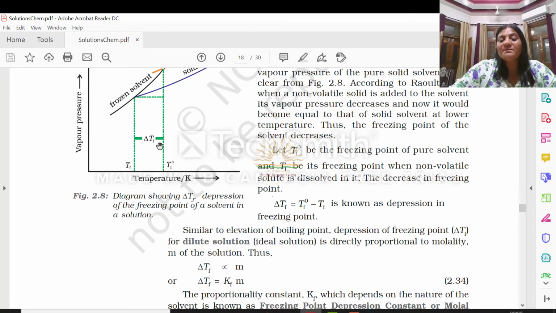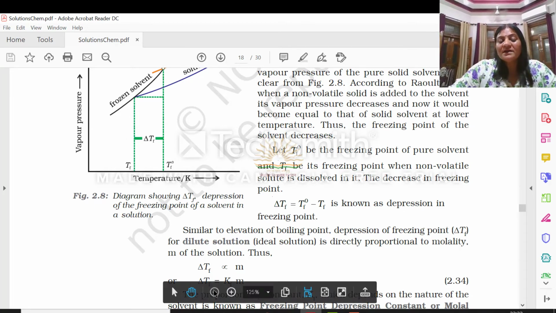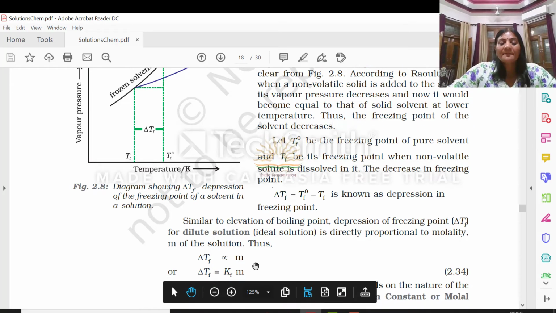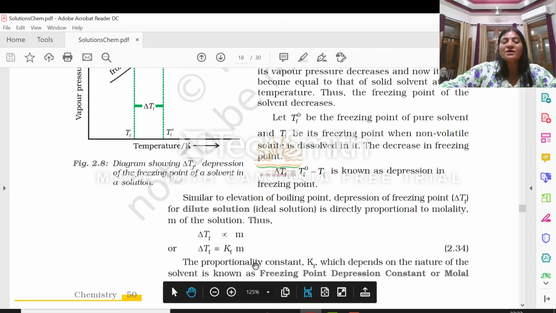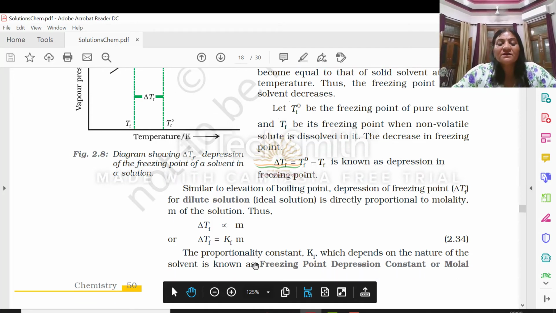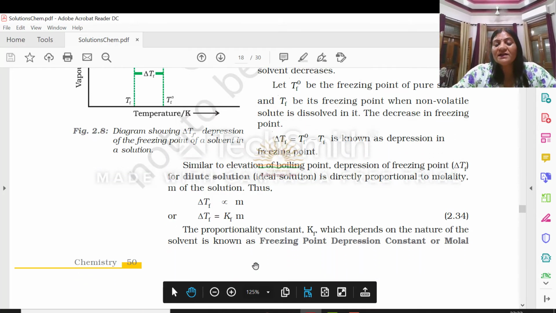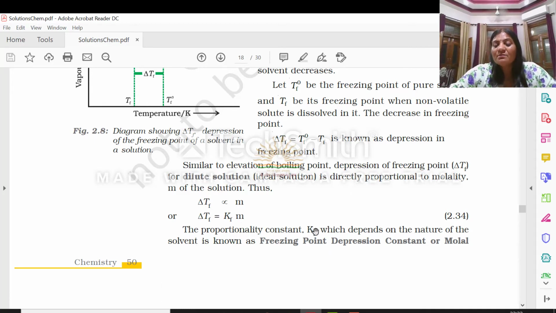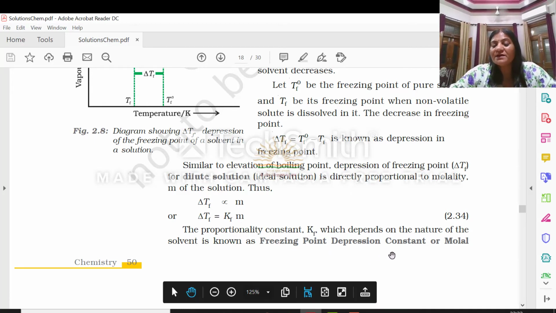So this is called depression in freezing point, and it is again directly proportional to the molality of the solution. Delta TF is directly proportional to small m. For the proportionality we have some constant, that constant is Kf. Here Kf is molar freezing point depression constant or cryoscopic constant.